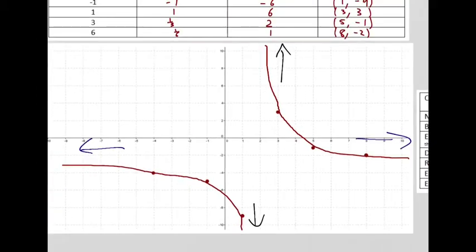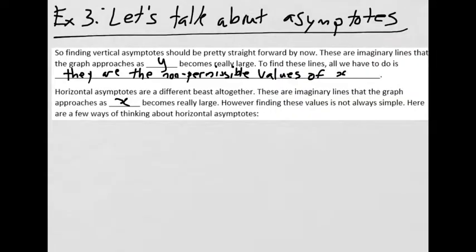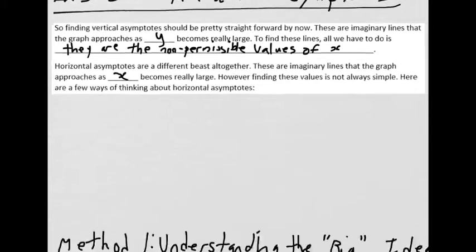As I go out to the right really, really far, the graph will approach the horizontal asymptote, and as I go to the left really, really far, the graph will approach the horizontal asymptote. Finding these values is not always simple. Okay? I'm going to show you a few ways of thinking about horizontal asymptotes. Okay? Because there are some different ways of finding them.